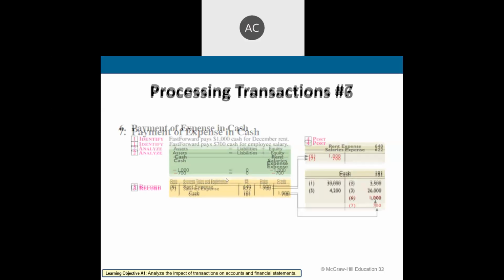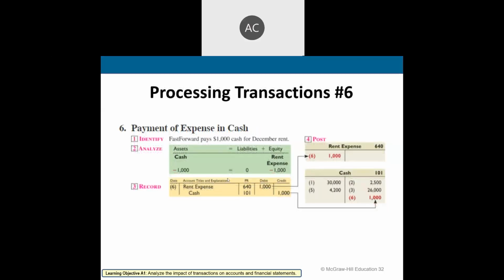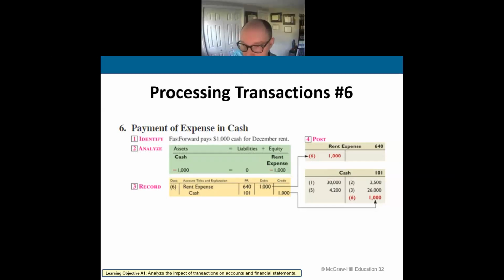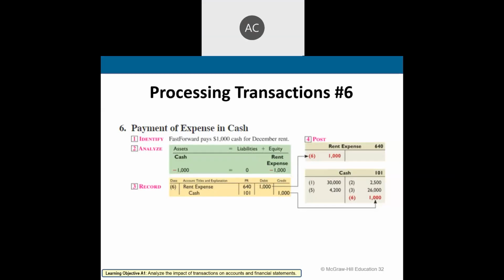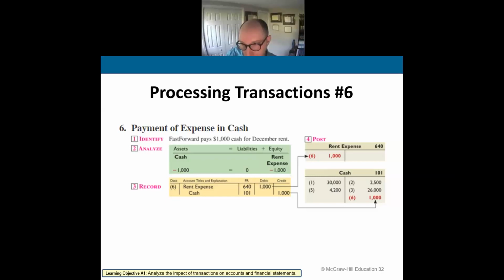Professor, before you move forward, for number 4, when you're posting it, the T accounts, the rent expense, why is it only one side? Why don't you put it on the other side too, just to balance it? No, so with T accounts, these are ledger accounts. They're running totals.